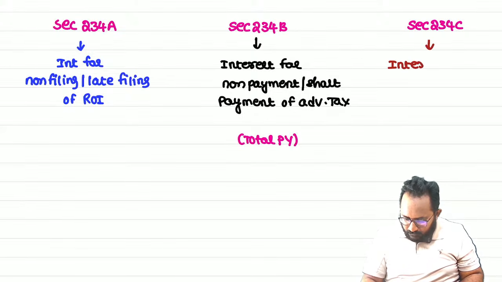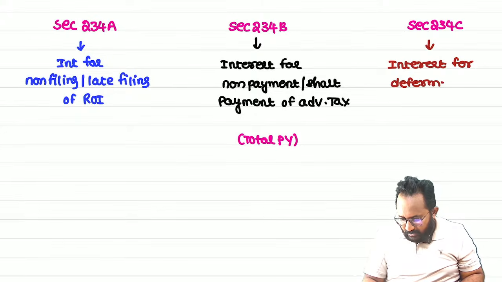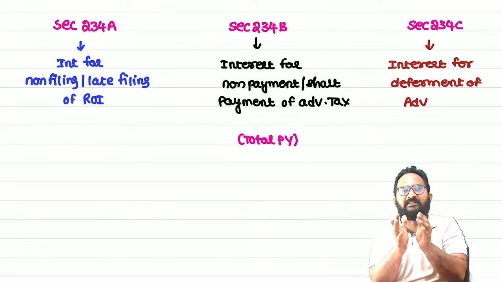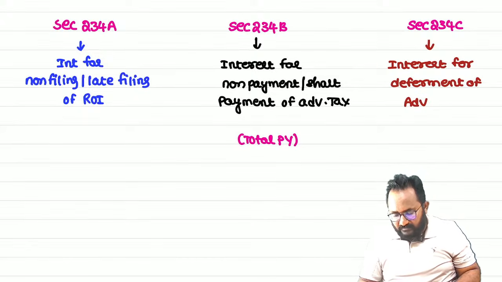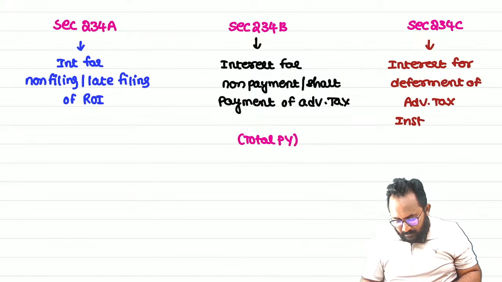Sir, what is 234C? Interest for deferment of advance tax installment. Every installment you have to pay a sufficient amount. Otherwise, that is called deferment of advance tax installment.